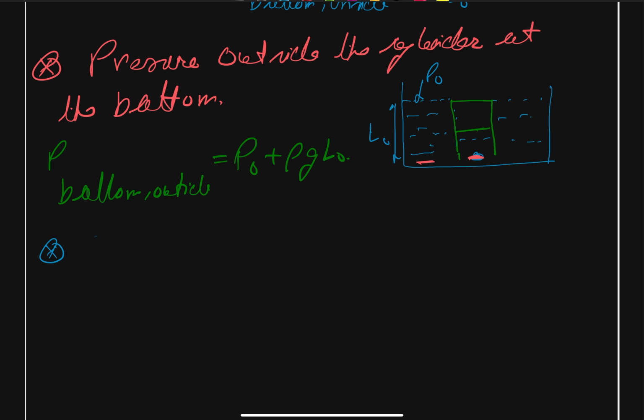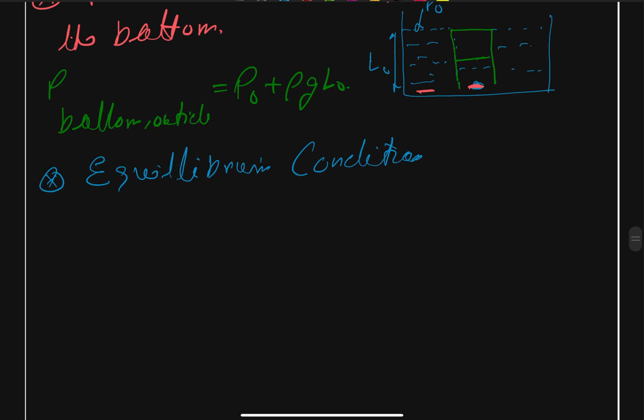So under the equilibrium condition we can write that our P bottom inside should be equal to P bottom outside.